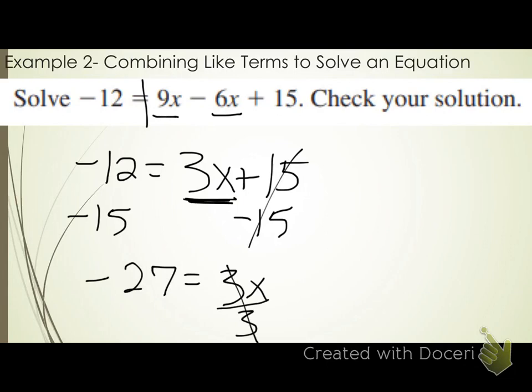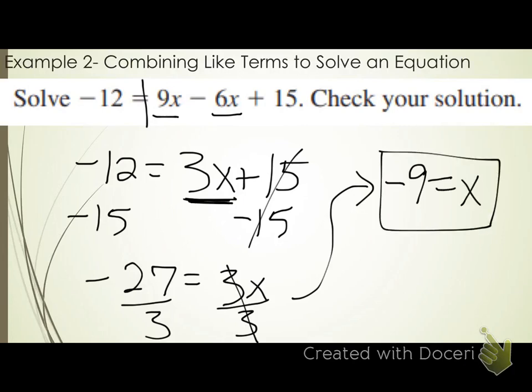Yes, very good. Thank you. Negative 27 divided by 3 gives me negative 9. Once again, if you put x equals negative 9, that's the same thing. Okay? Any questions on how we got x equals negative 9?